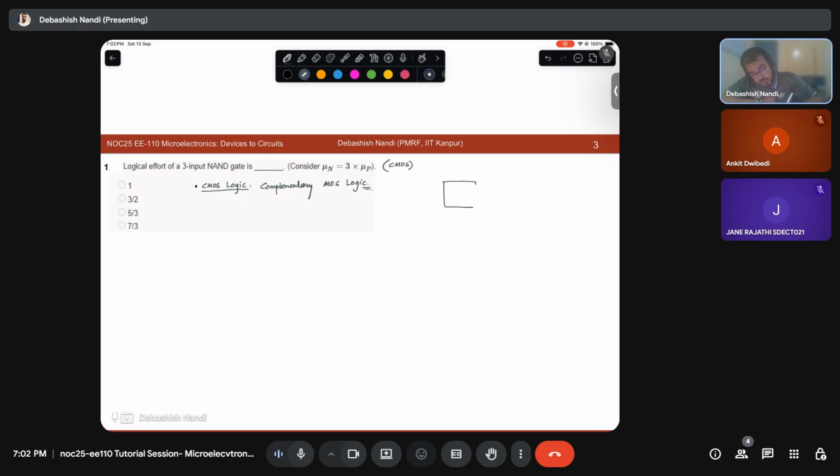So the topology will be something like this. This is your power supply rail, this is your ground, and there will be multiple inputs.